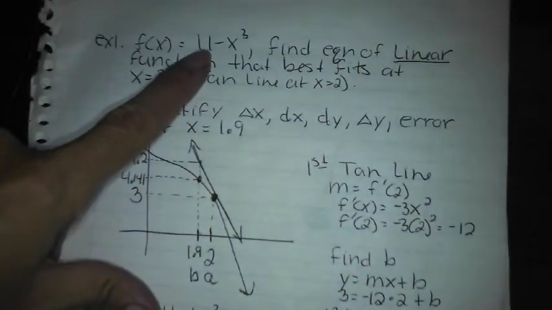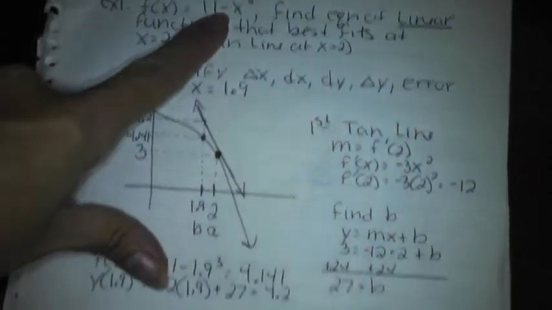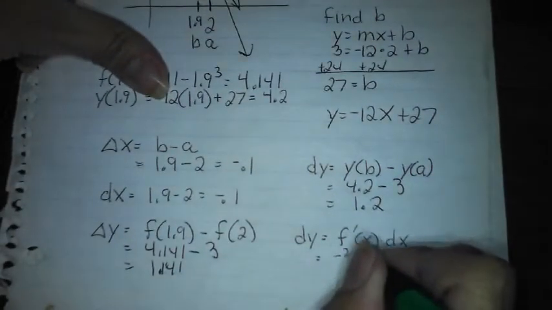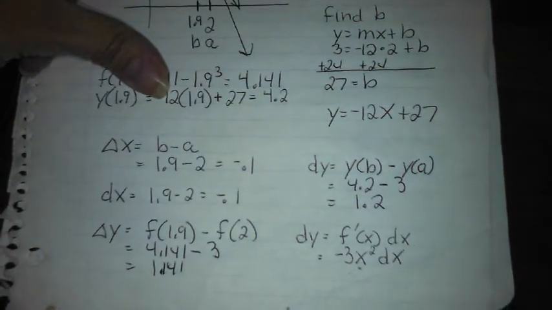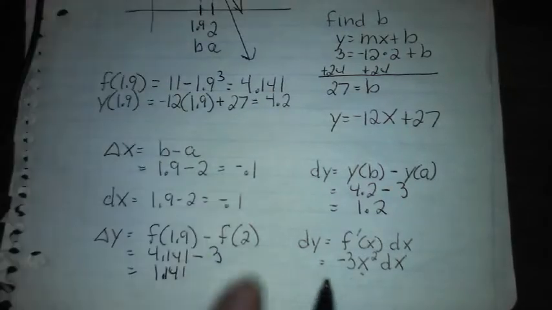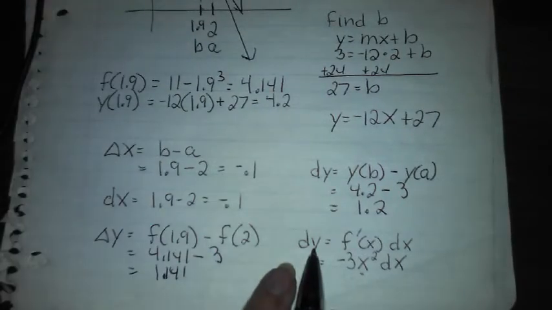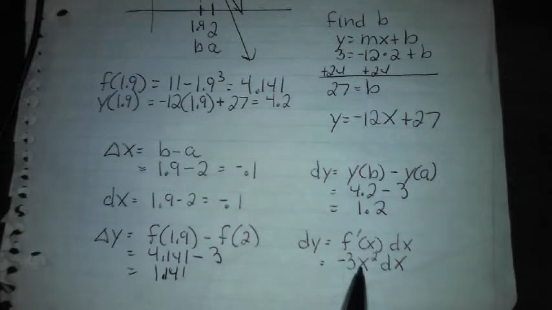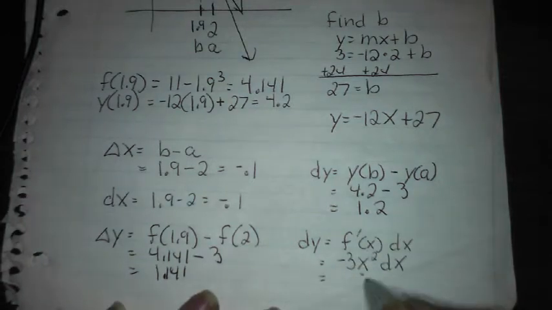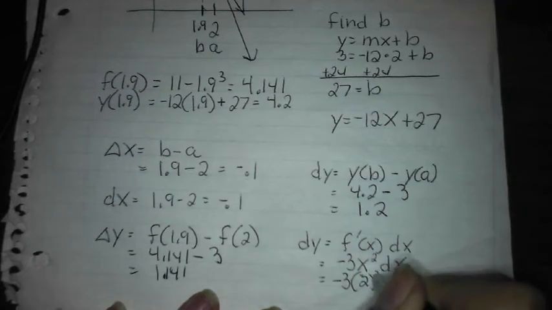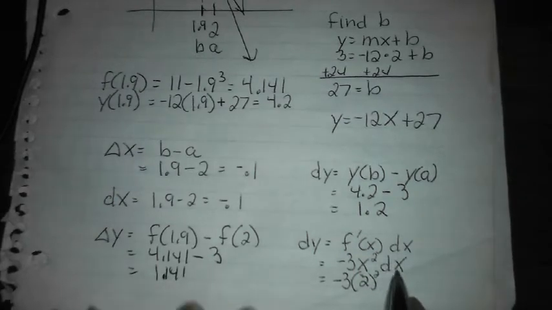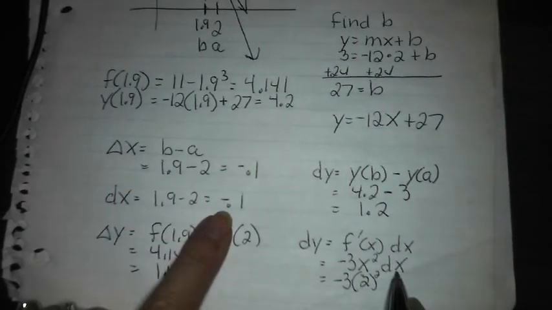So the derivative is 0, and then we would have a negative 3x squared times the differential of x. And now we want that differential when x is 2, so we'll put a 2 in for the x. But the differential of x is a negative 0.1.